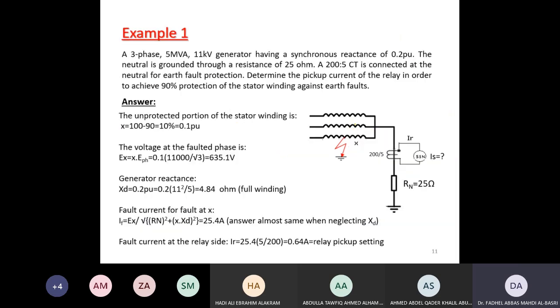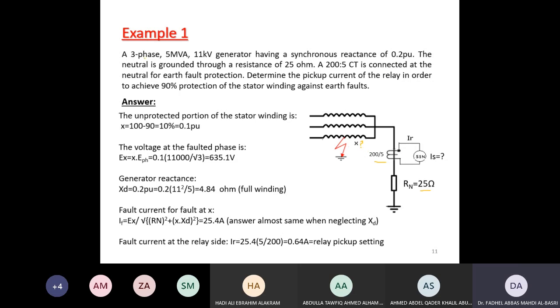Let's take an example to show you this. I have grounding resistance 25 ohm, an overcurrent relay with a CT in the neutral of 200 to 5 at point X, which I don't know, I want to find.